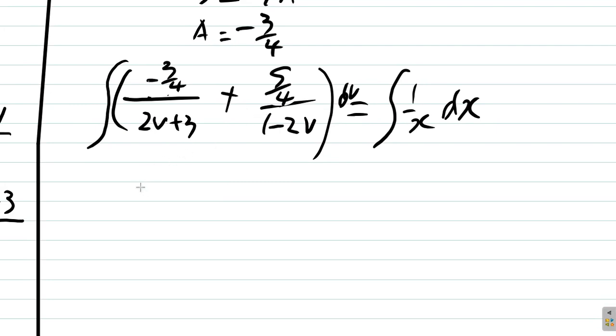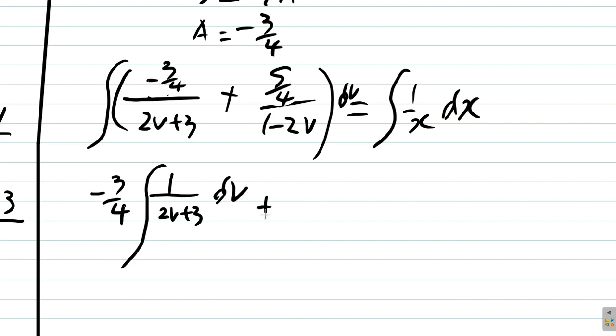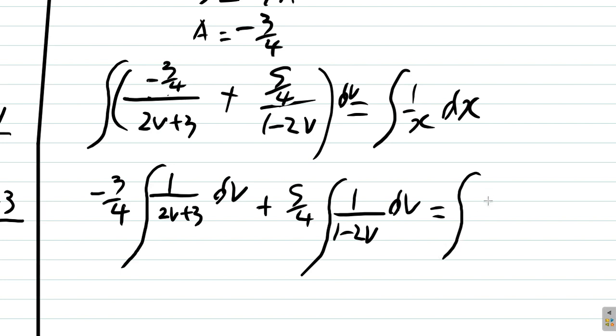These will give you two separate integrals. You can have -3/4 integral of 1/(2v plus 3) dv plus 5/4 integral of 1/(1 minus 2v) dv equals the integral of 1/x dx. See that?